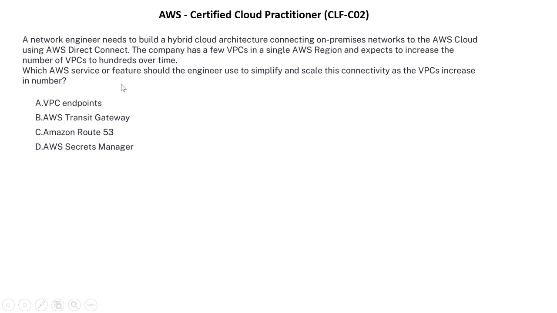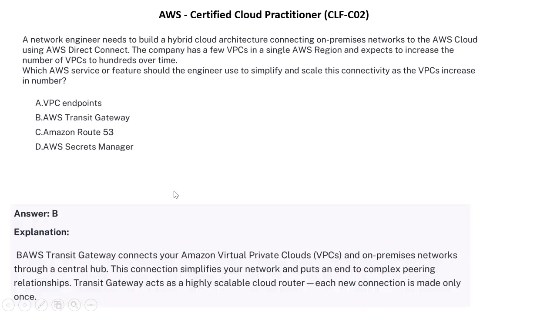Which AWS service or feature should the engineer use to simplify and scale this connectivity as the VPCs increase in number? The options are option A, VPC endpoints, option B, AWS Transit Gateway, option C, Amazon Route 53, option D, AWS Secrets Manager. The correct answer is option B.